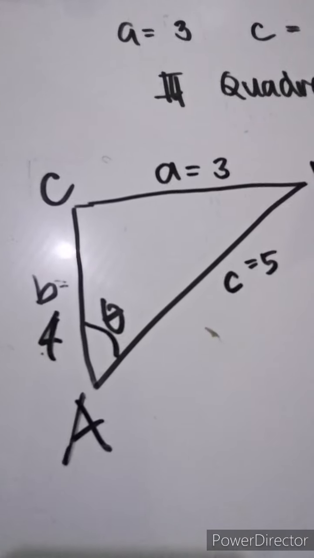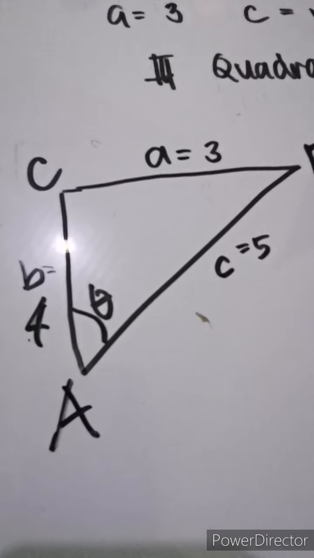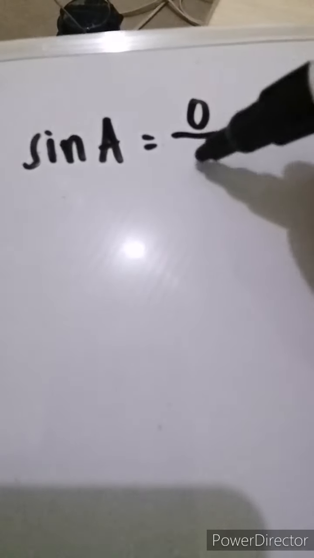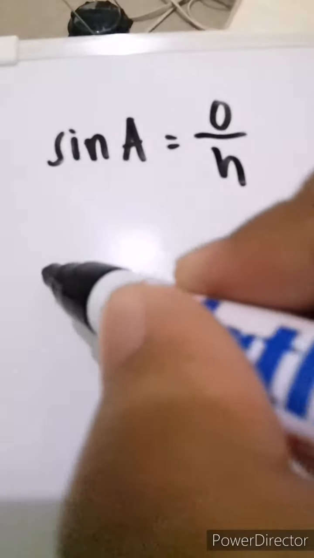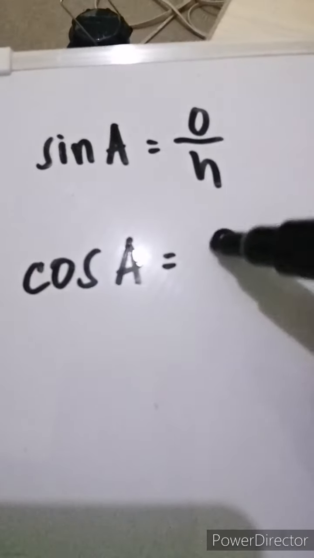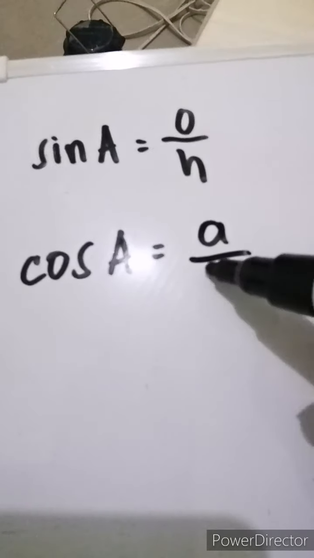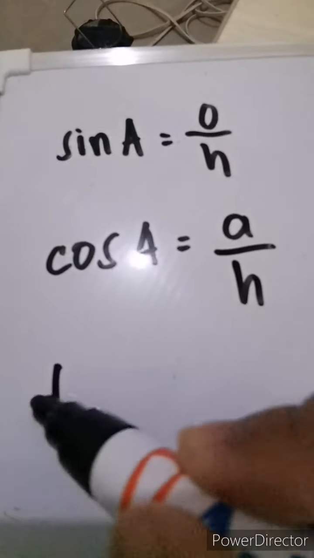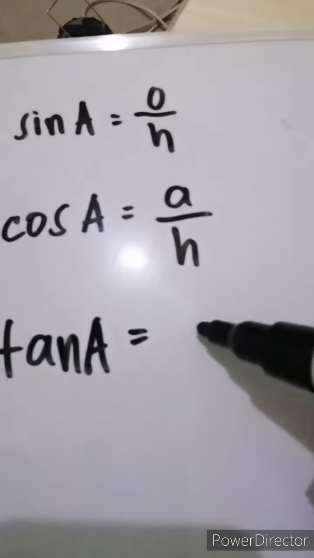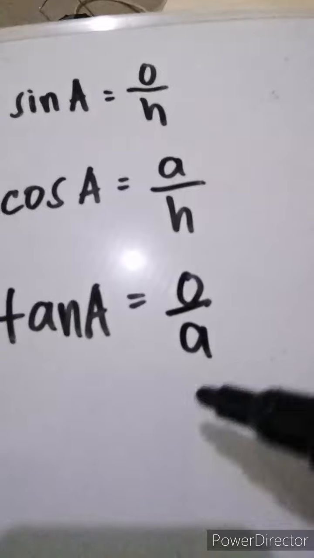Now, using the reference angle, we will get the 6 trigonometric functions. So, ano ba yung 6 na trigonometric functions? So, we'll start with sine A. So, again, ang sine is opposite over hypotenuse. Next, we have the cosine. Cosine A is equal to adjacent over hypotenuse. And then, we have the tangent A, which is opposite over adjacent.